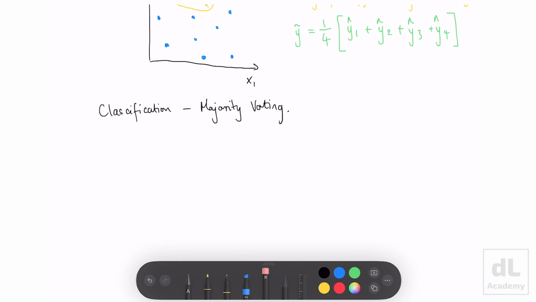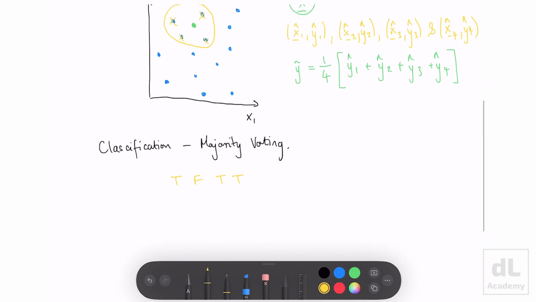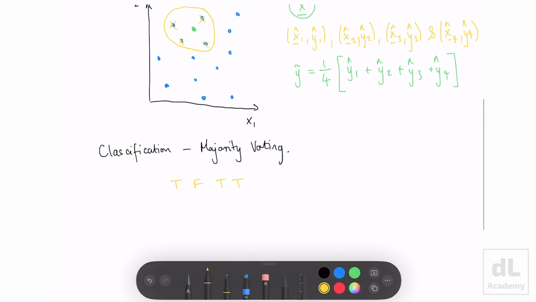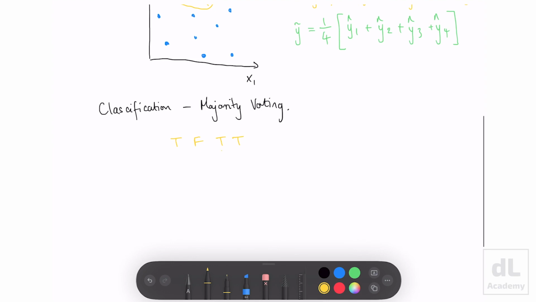So one would be true, one would be false, one would be true, one would be true. If these were the labels associated with the k-nearest neighbours, a majority vote would add up the trues, which would be 3, and there would be 1 false. And so in this case, the prediction would be the majority vote, which would be true.